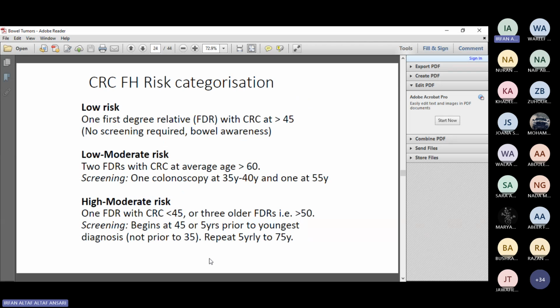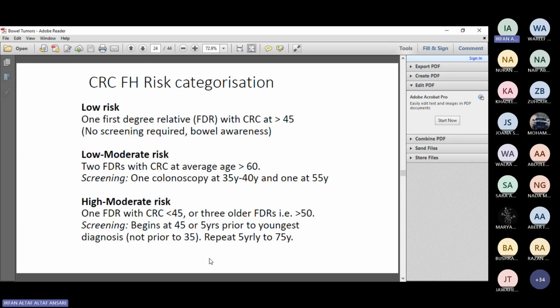Now the risk categorization of colorectal carcinoma. When do we call low risk cancer? One first degree relative with CRC at more than 45 years of age. If you have a first degree relative like brother, sister, mother, father diagnosed at more than 45 years of age, the person has low risk.